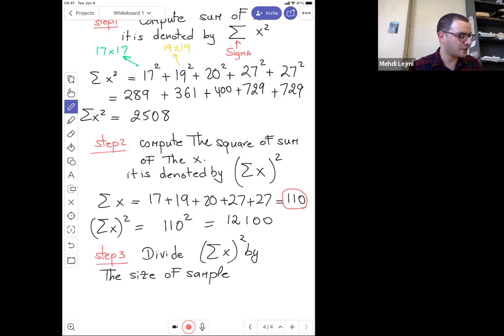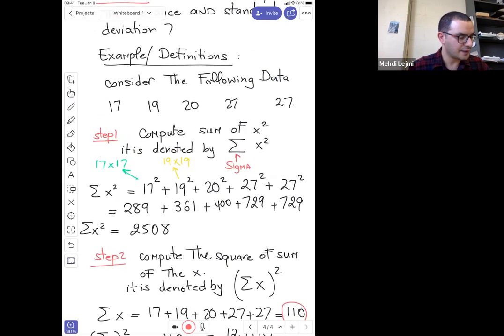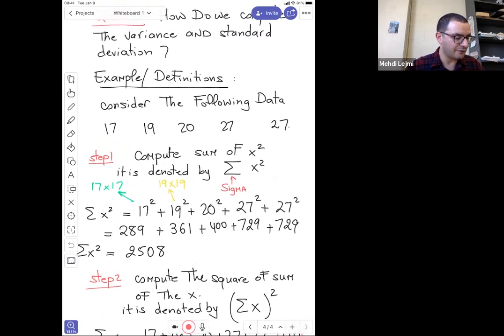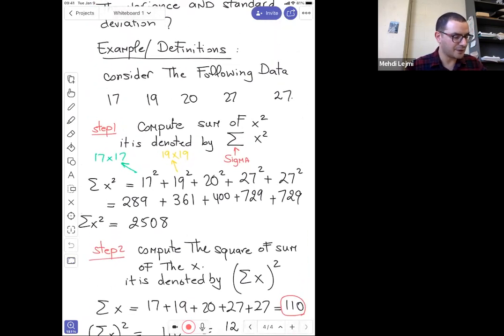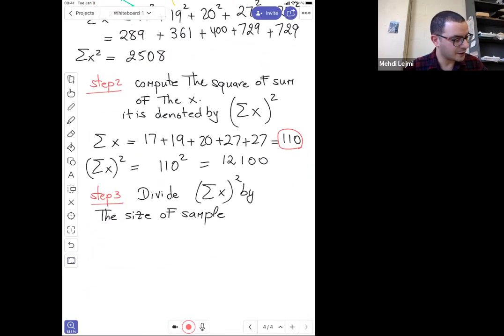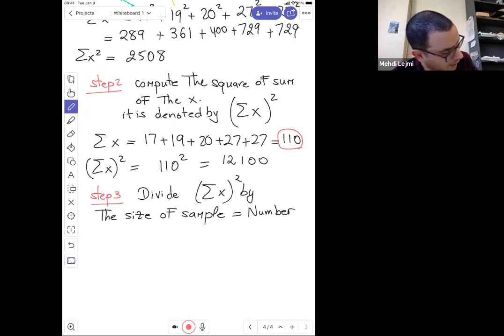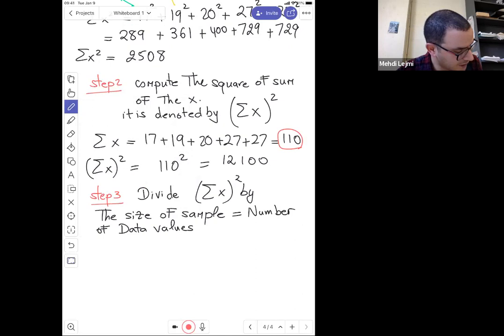So how many numbers do we have? We have 5 numbers, so we need to divide by 5, because I have 5 data values. The size of the sample is the number of data values, and it's denoted by lowercase n. In our example, it's 5.